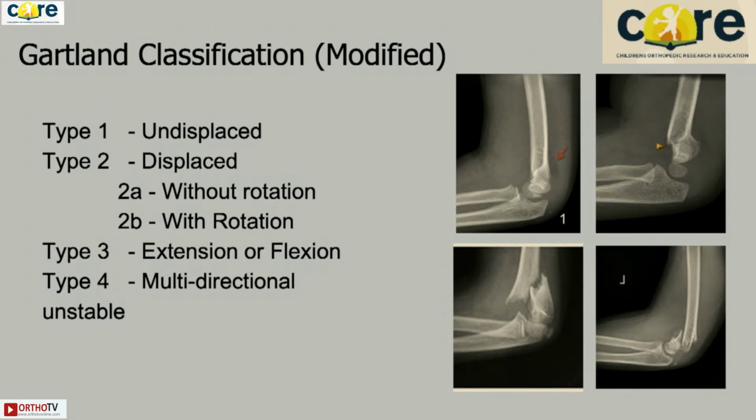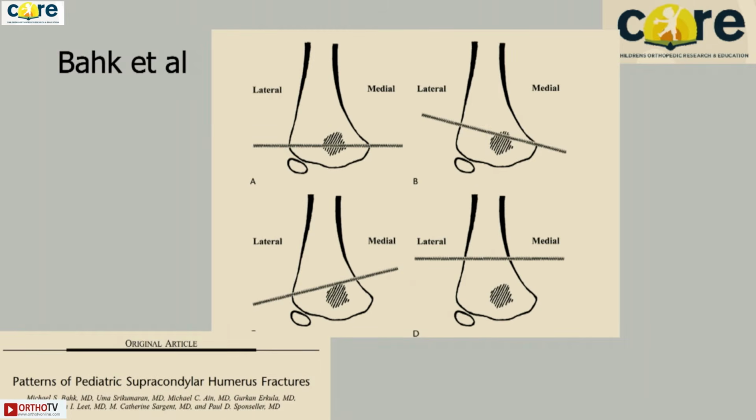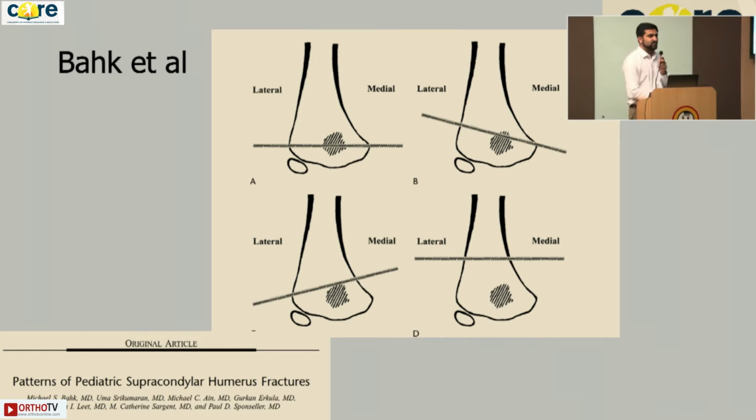As we have already classified by Gartland classification, there is another important classification which I want to highlight here: the different variants of supracondylar fracture and the different patterns in which they present. The standard supracondylar fracture is the one where you see a horizontal or transverse fracture line going through the olecranon fossa, and you will be able to get it reduced by standard reduction techniques.